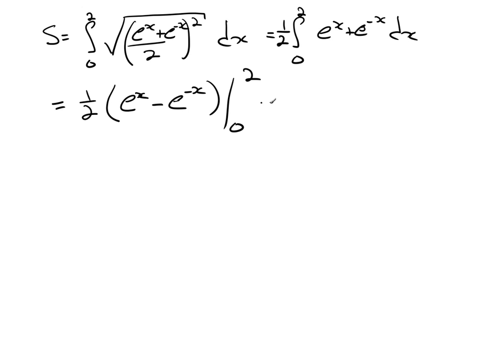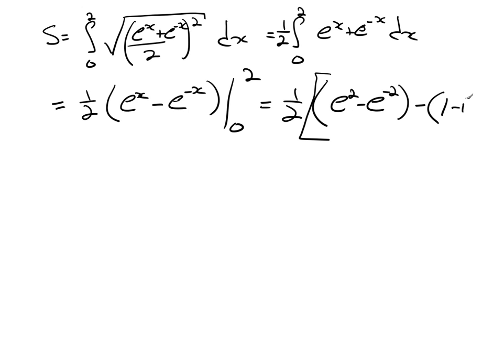So this I can quickly evaluate. This is going to be 1/2 times (e squared minus e to the negative 2), minus the value evaluated at 0. At 0, this is 1 minus 1, which is just 0. So my solution is simply going to be 1/2 times (e squared minus e to the negative 2).